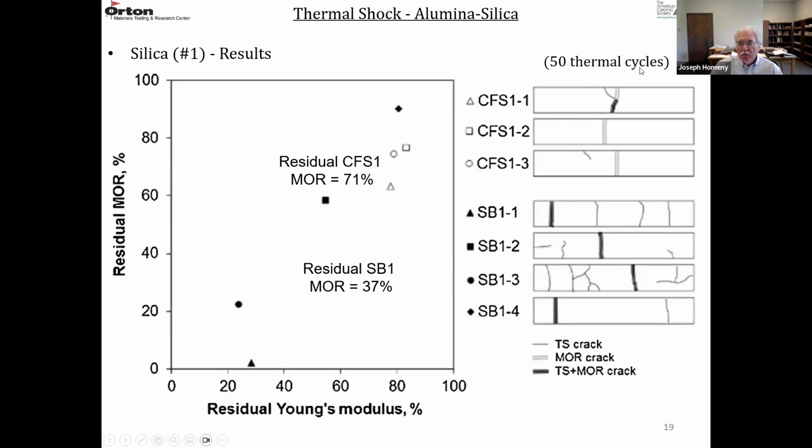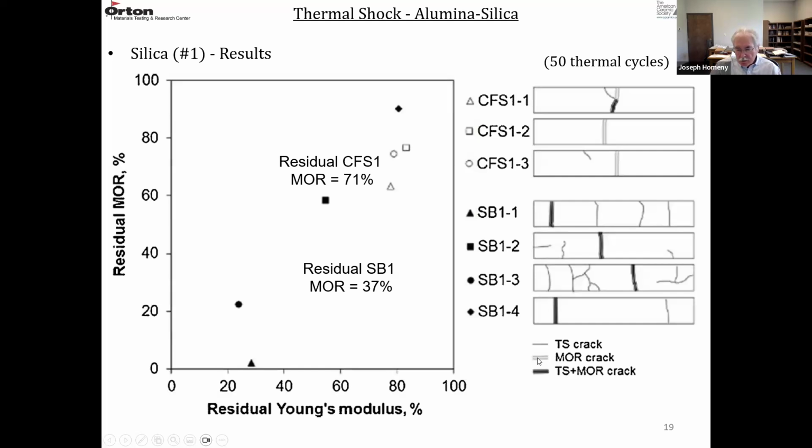When they went through 50 thermal shock cycles, they drew the crack pattern that they saw. You can see the crystalline bricks have a lot more cracks present, and they're much more severe. The single line represents a thermal shock crack that was observed. The solid line is where the fracture took place during the MOR test.